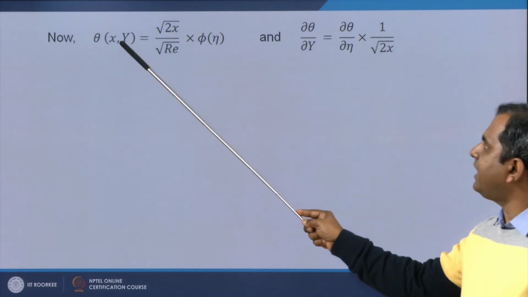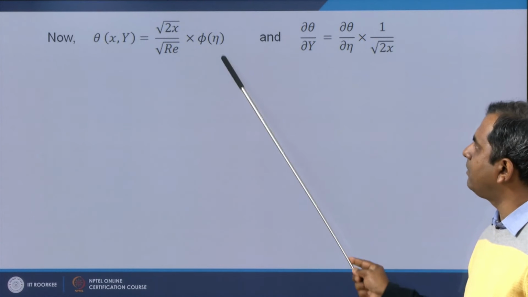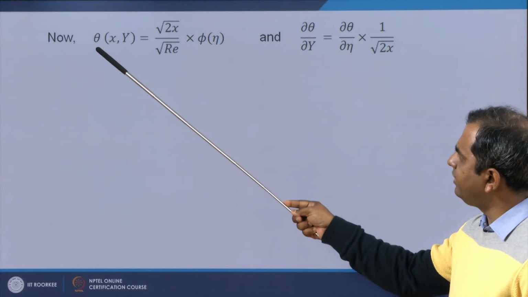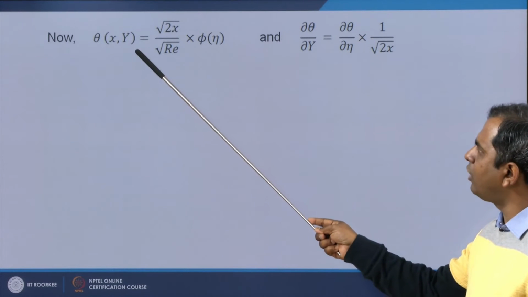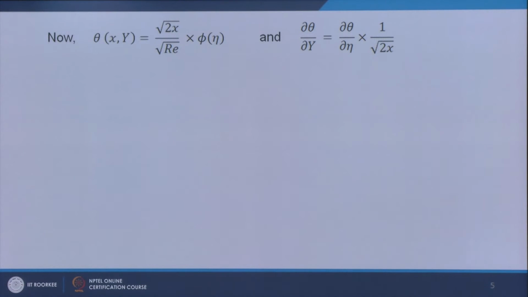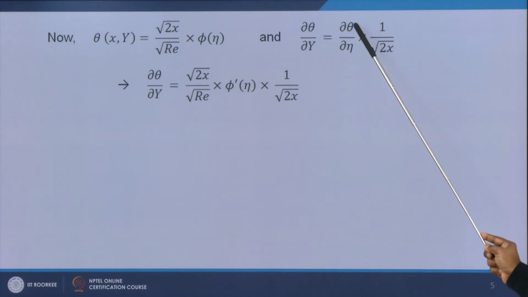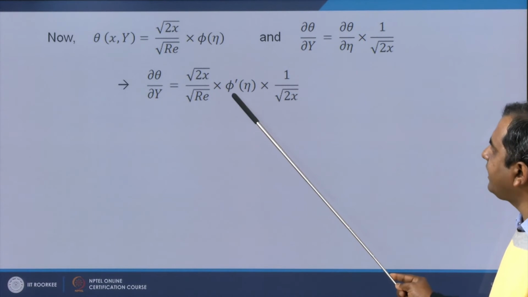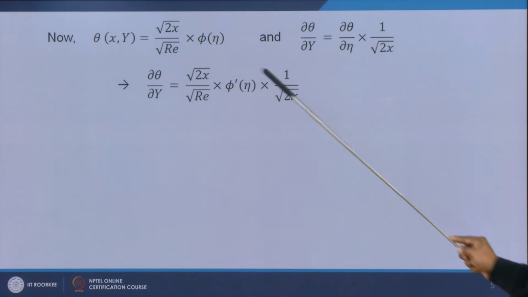So here all these x and y are coming in eta, though root x is over here in this equation. Now we do the differentiation of this with respect to small x and small y, because those terms are there in your energy equation as we showed in the previous slide. So here you see del theta by del y first becomes del theta by del eta into del eta by del capital Y, which is nothing but 1 by root over 2x. So del theta by del eta becomes root over 2x by root over Re into phi dashed of eta, because the other terms are not a function of eta.